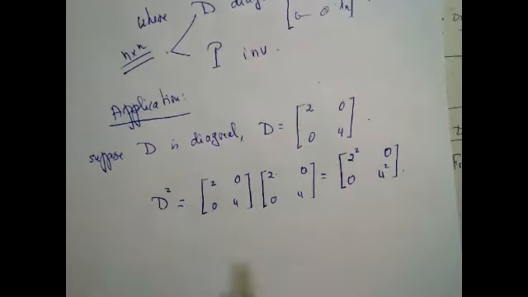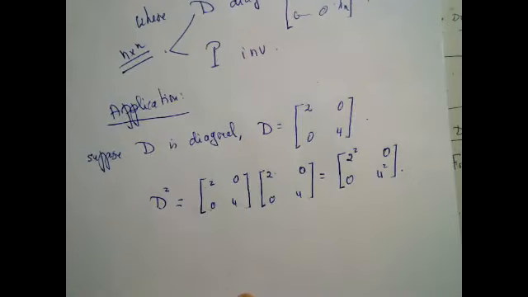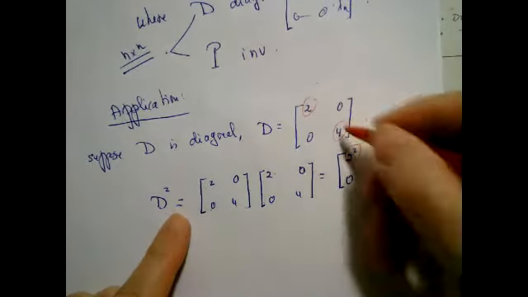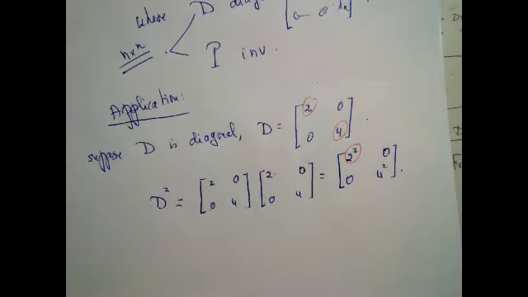So it's a diagonal matrix. When I multiply it by itself, it's really boiling down to squaring the first entry and squaring the second entry.